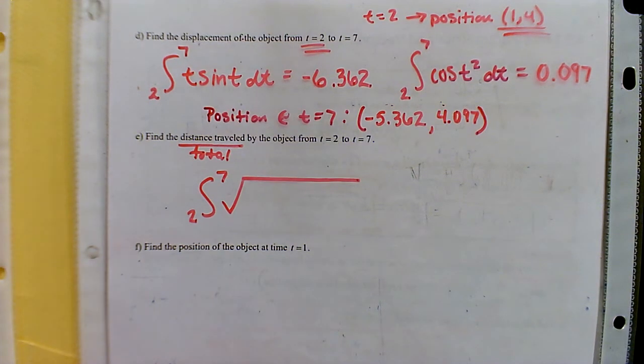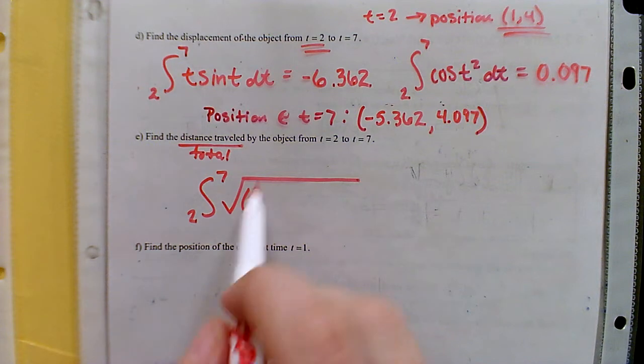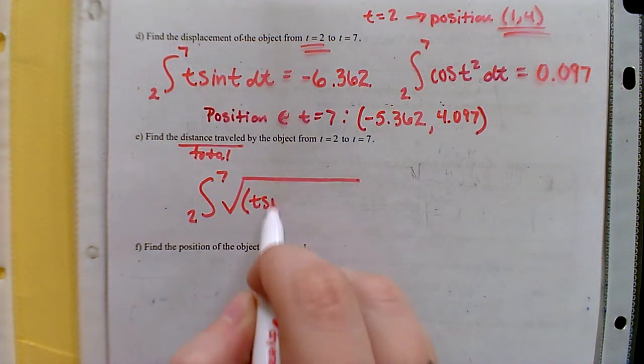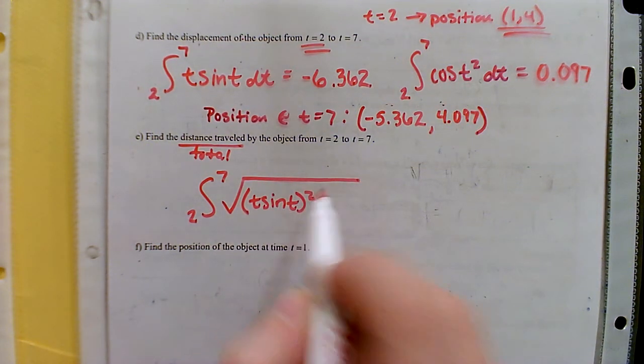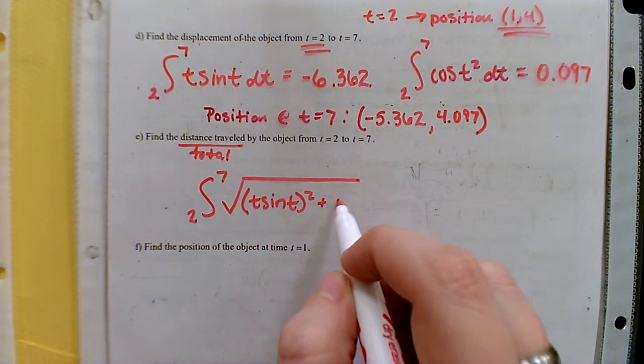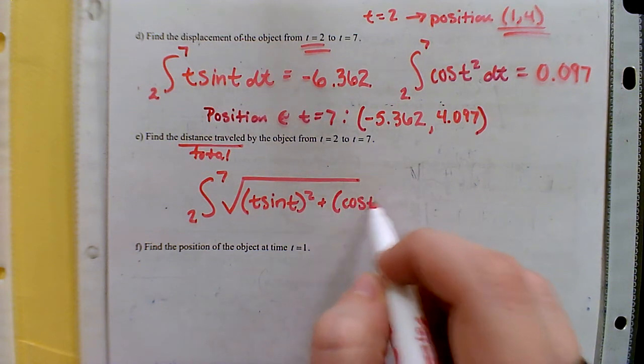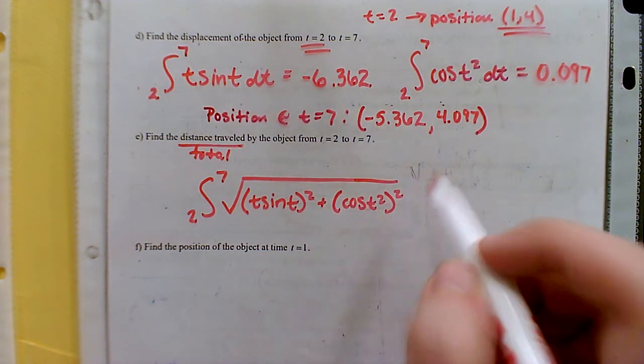And we need the velocity component vectors. So we would need the x velocity squared plus the y velocity squared.